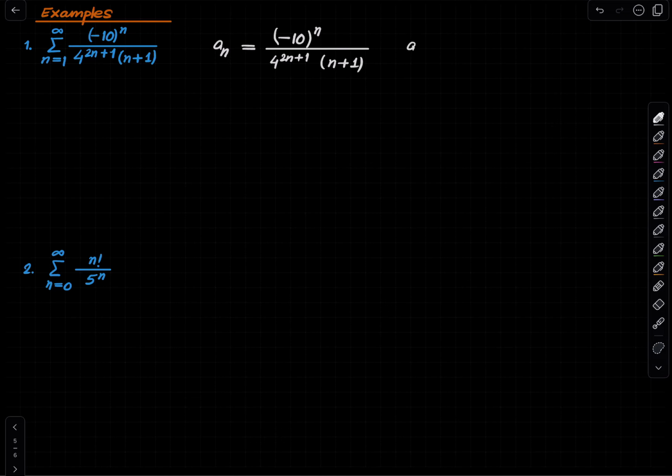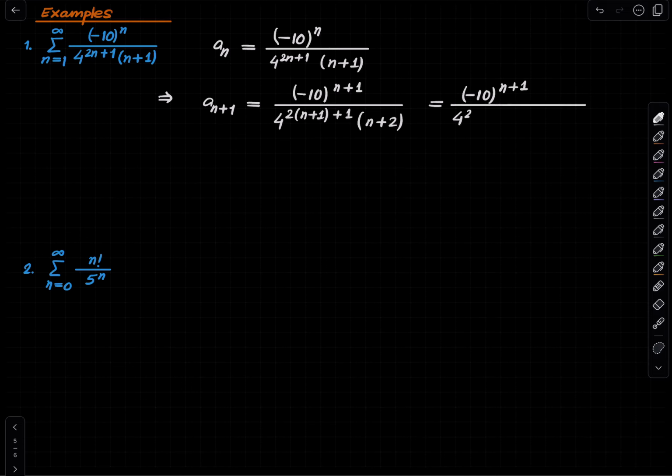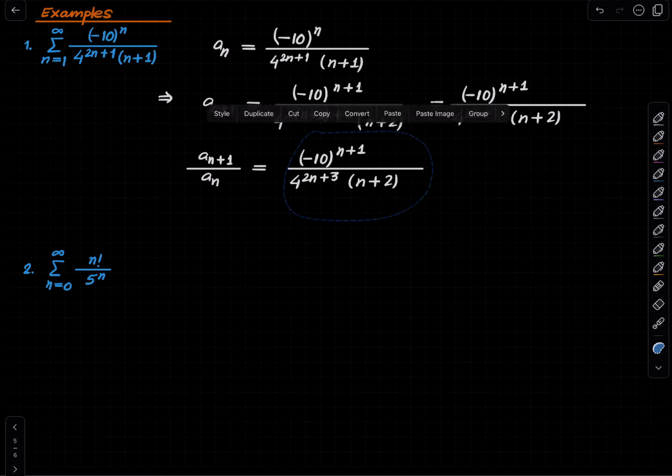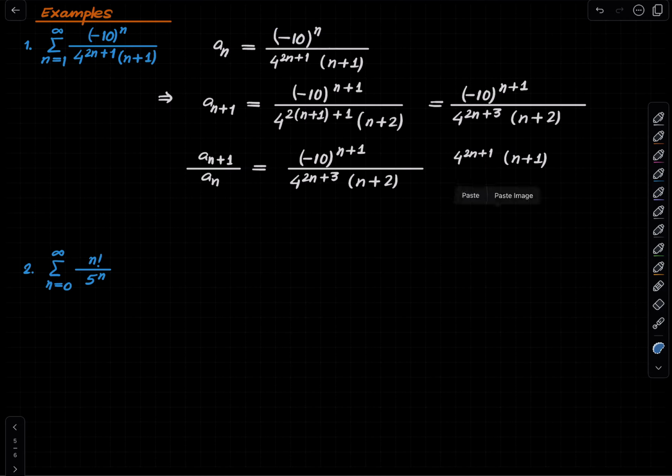So what is a_{n+1}? a_{n+1} is this expression, which is equal to that. And now this ratio is equal to that. All right, so now we'll cancel things out.